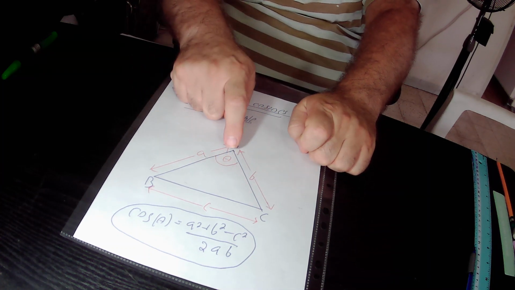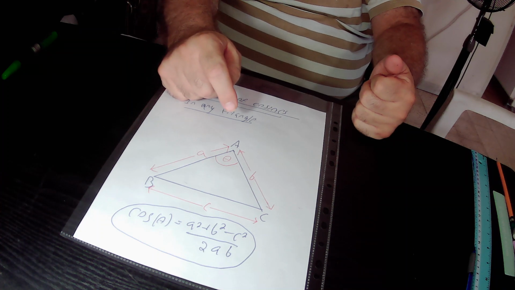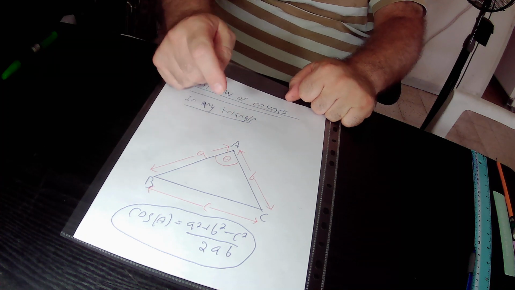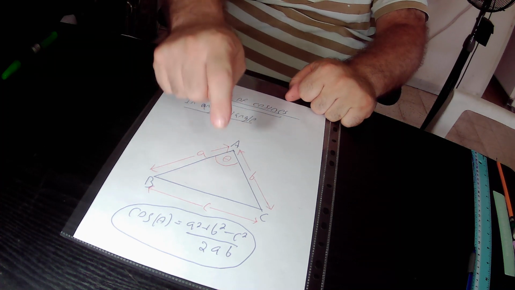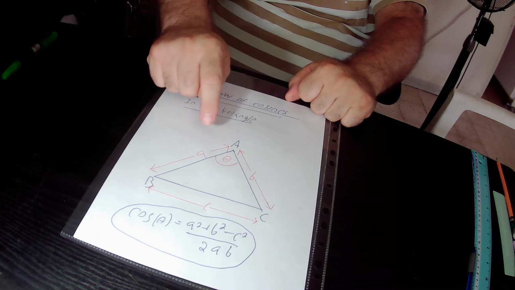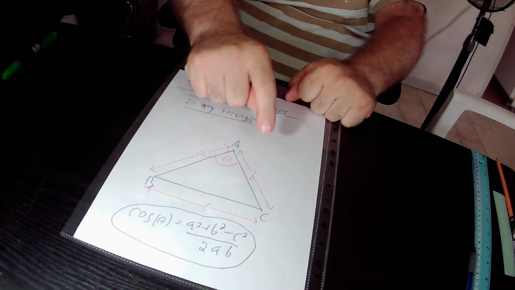This is angle theta. In this triangle, the following equation is true: cosine theta equals A squared plus B squared minus C squared over 2 times A times B.